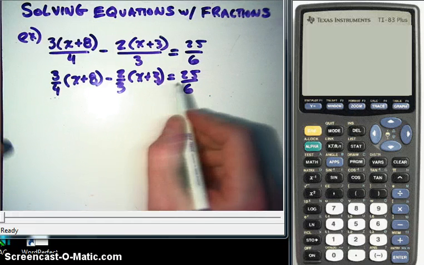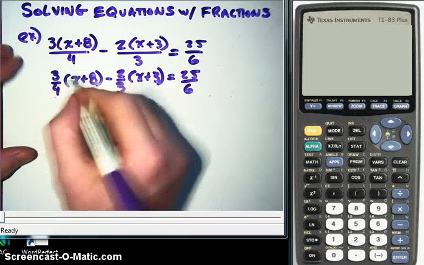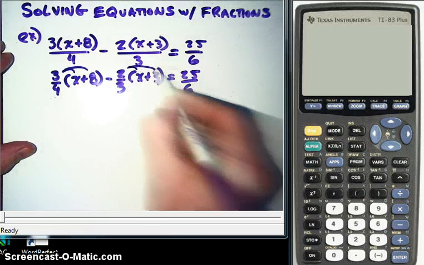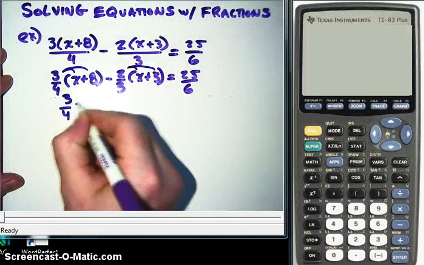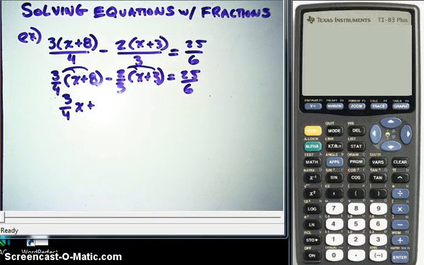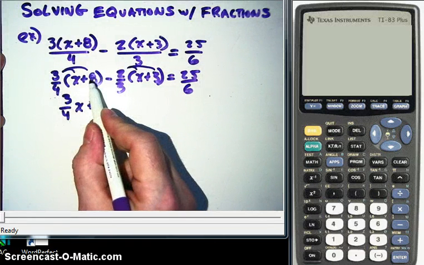One of the things that we can do to get rid of the parentheses here after we distribute is to make sure that this goes to that, and this goes to this, and this goes to this, and this goes to this. So what we'd be left with is 3/4 x plus 3/4 times 8. You could do that. 4 goes into the 8 2 times, and 2 times 3 is 6.